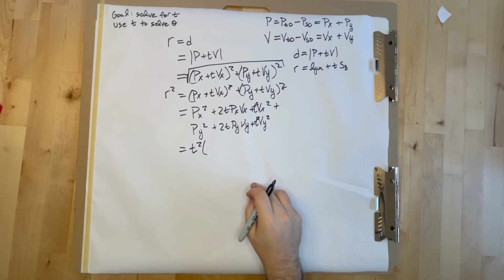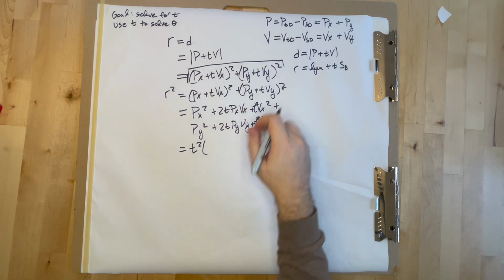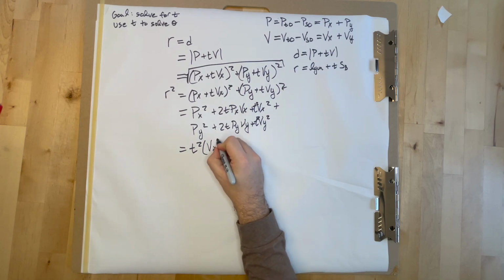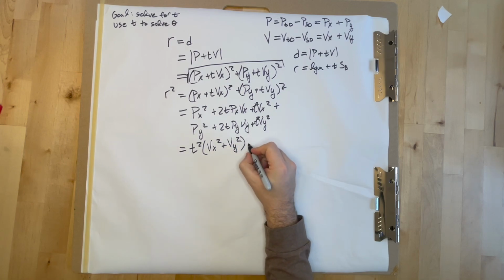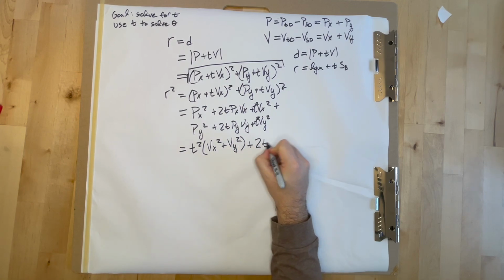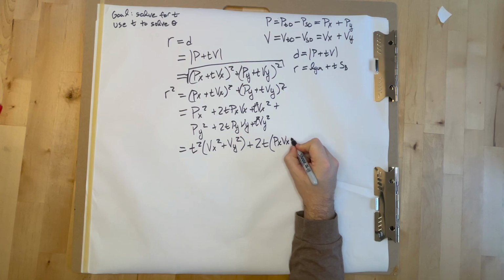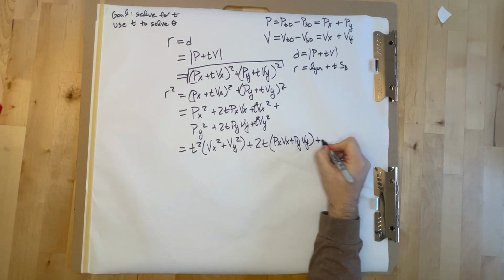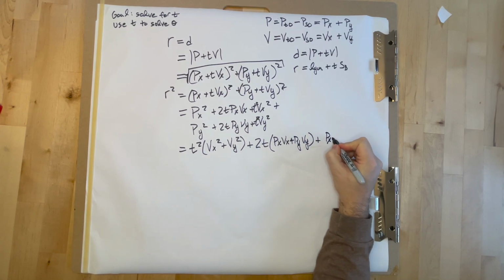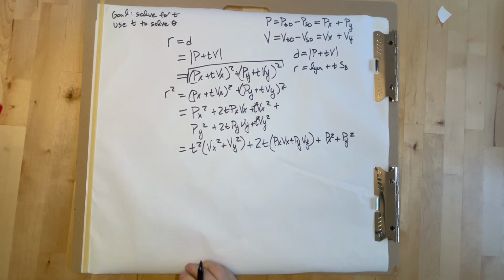So t squared, those came from over here and here, times vx squared plus vy squared, plus 2t times px vx plus py vy, plus px squared plus py squared.